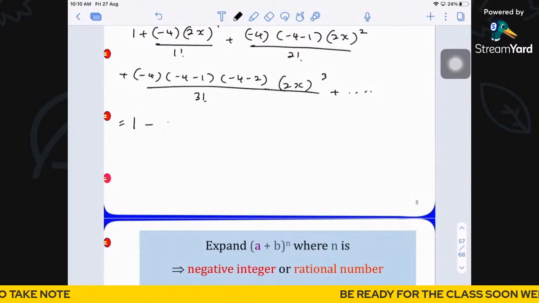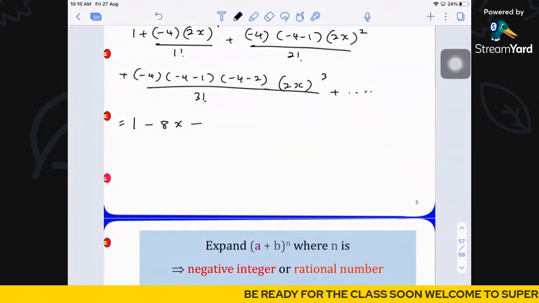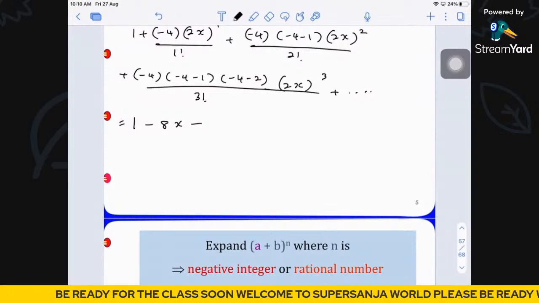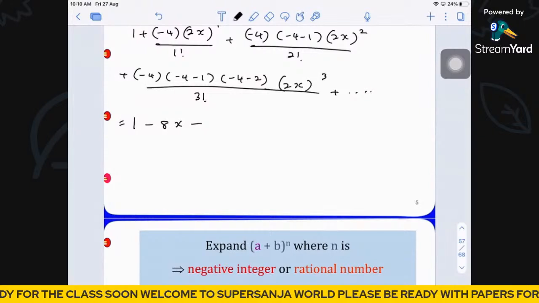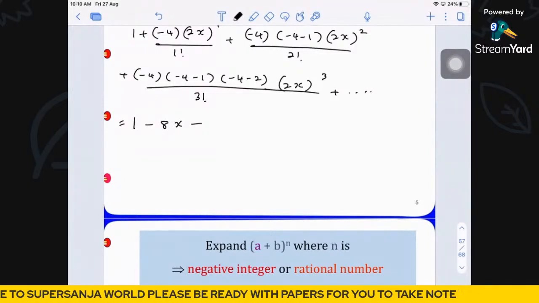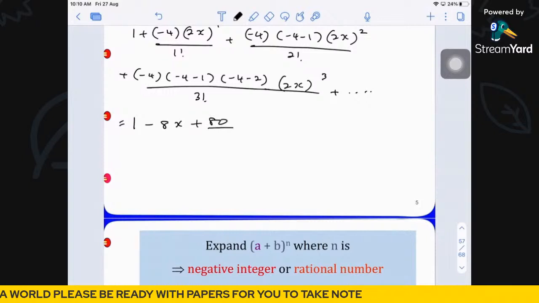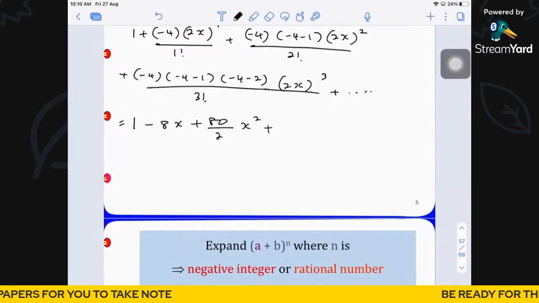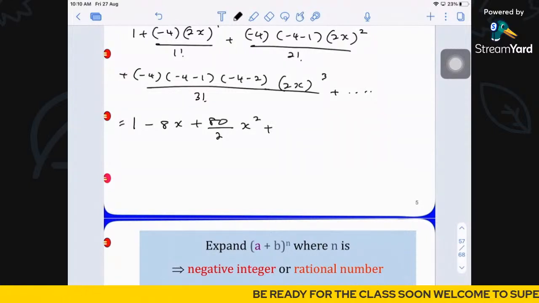So 1 minus 8x. Okay, and here is going to become negative 4, negative 5. Be careful, negative 4 times negative 5. Be careful, there is 2x square. So 2 square will times 4. So 80 over 2 x square. And then again plus, be careful again, negative 4, negative 5, times negative 5 there.